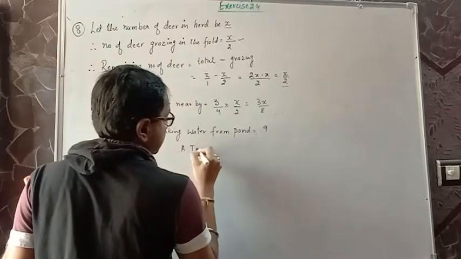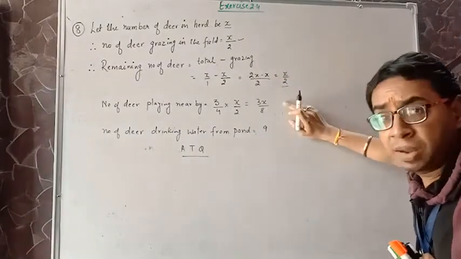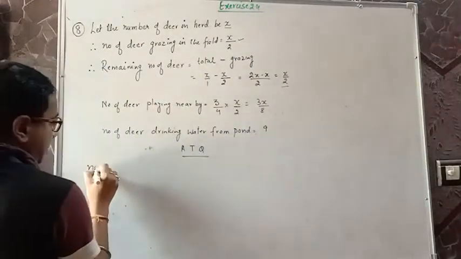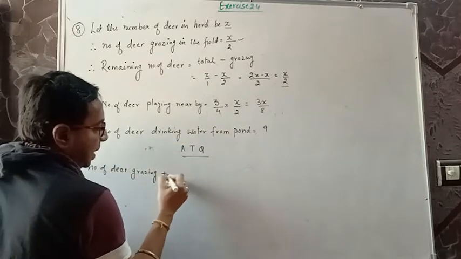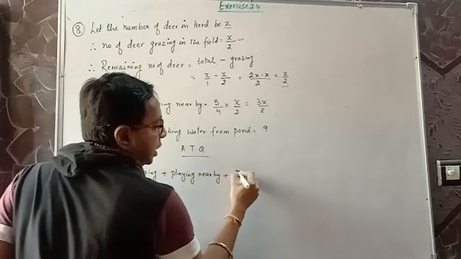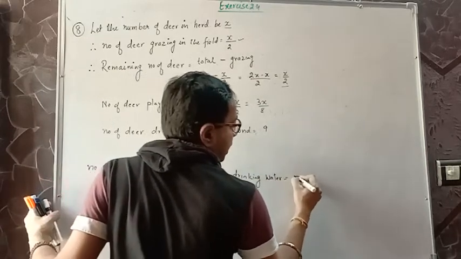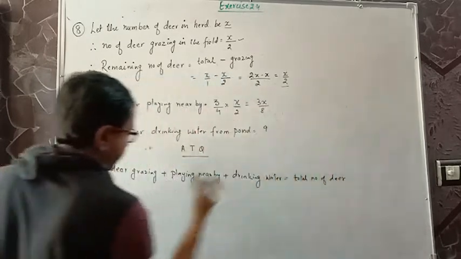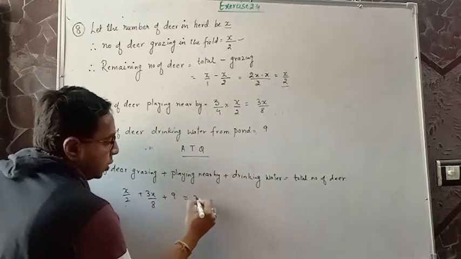So according to the question, don't you think that the deer grazing, plus those playing nearby, plus those drinking water, is equal to the total number of deer? Therefore, x by 2 plus 3x by 8 plus 9 is equal to x.